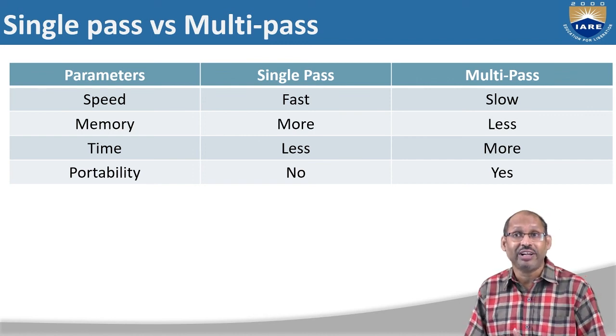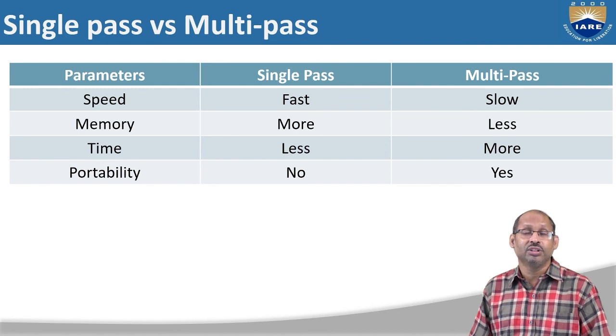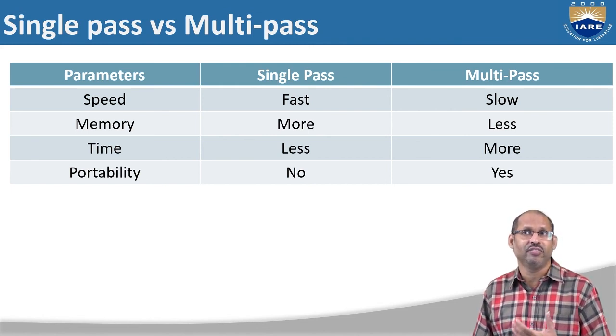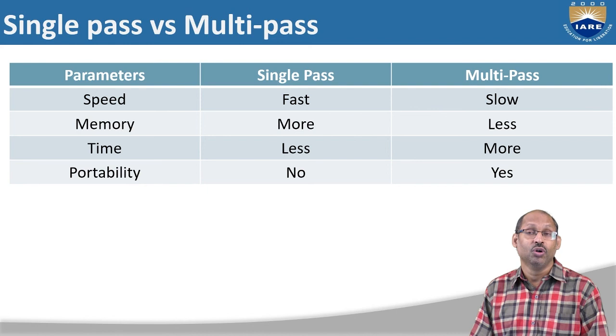So it requires less memory, right? So here the memory also will be affected. And compilation time: a single pass will take less time and multi-pass will take more time.